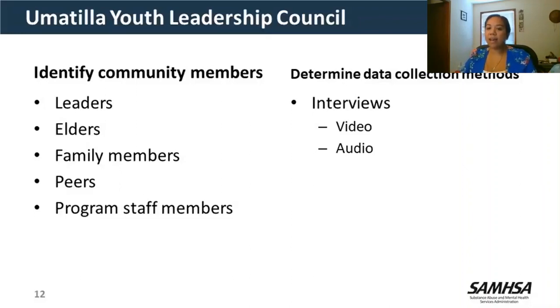And then once they had this huge list, narrowing that down, I think it was Lindsay who came up with the idea of how to narrow down that focus.